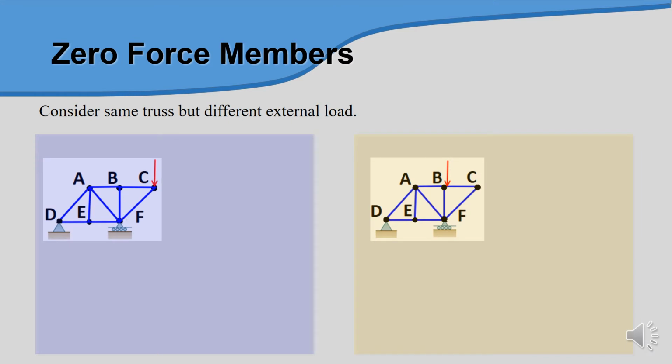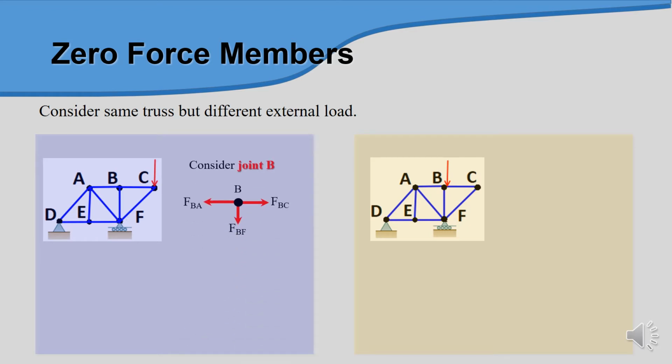Let's consider the same truss but different external load in these figures. Figure on the left side, we can see the external load downward at point C, and in the other one we have an external load at point B downward.